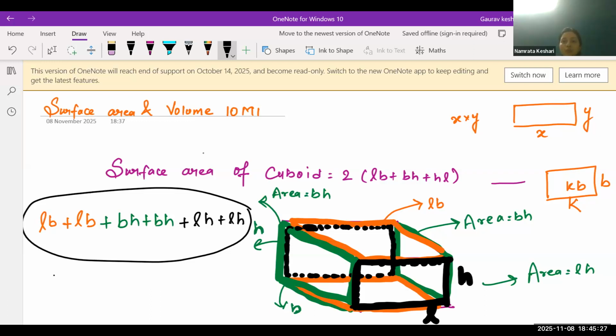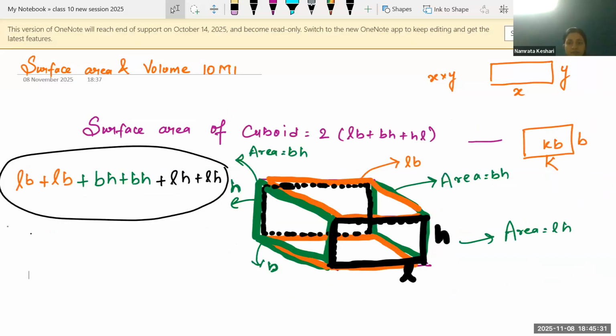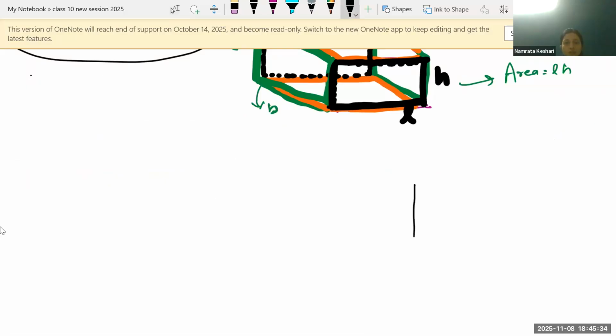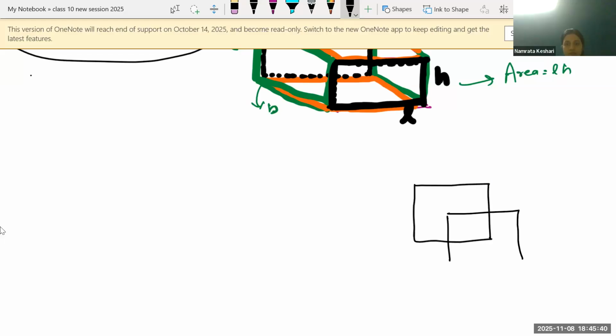Now instead of a cuboid, if I draw a cube, you can understand. Okay, here the length is A, the width is A, and the height also A. If all are the same, then the area will be exactly like that.